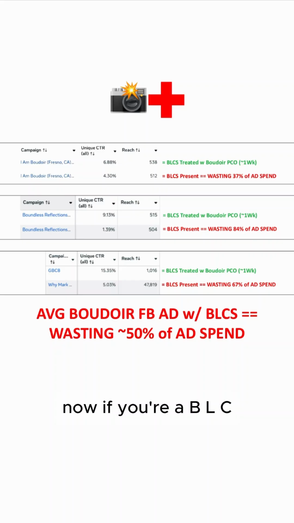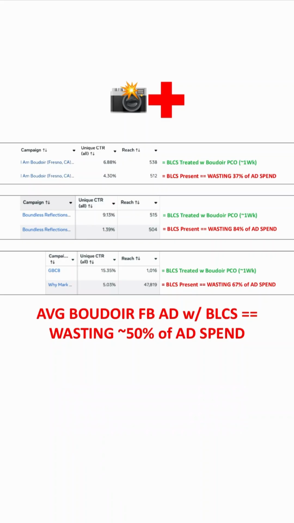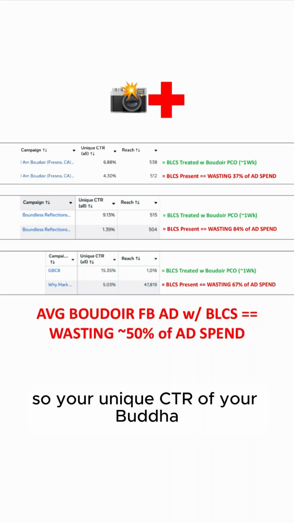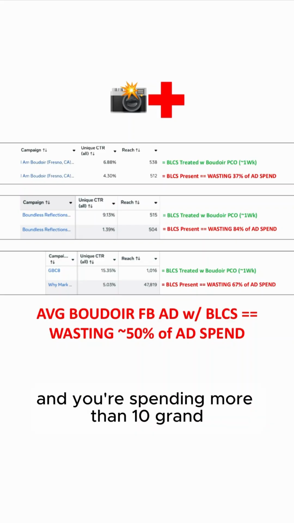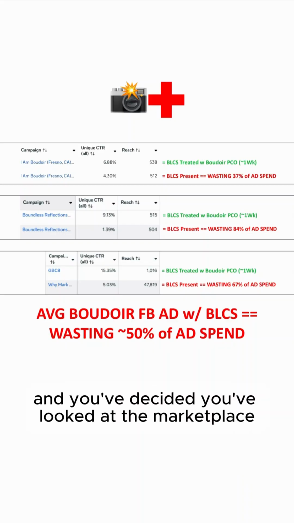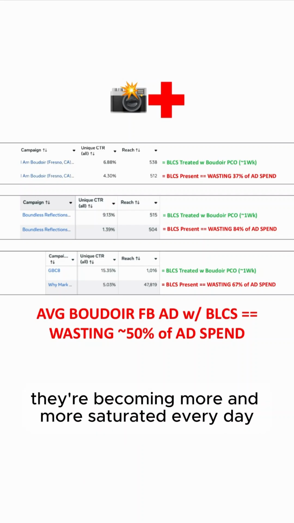Now, if you're a BLCA, a Boudoir low click advertiser with BLCS, so your unique CTR of your Boudoir Facebook ads is under 6%, and you're spending more than 10 grand a month on Boudoir Facebook ads, and you've looked at the marketplace, you're seeing it become more and more saturated every day.